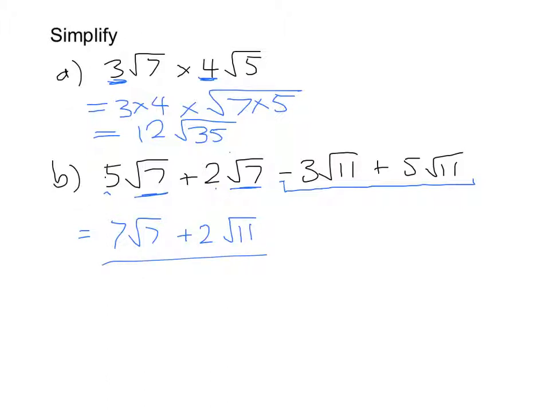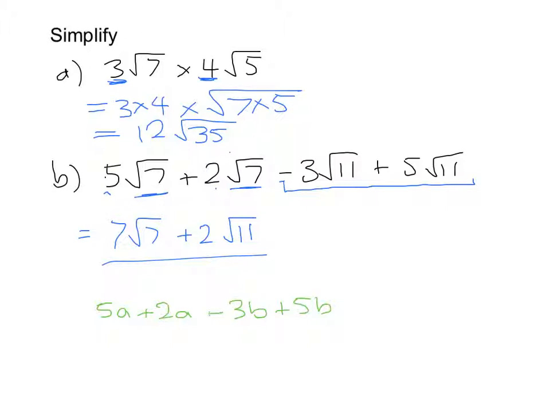If you see things like this, it might be easier to think of them in terms of an algebraic expression, funnily enough. Instead of the root 7's, I'll write a, so it could be 5a plus 2a. And instead of root 11, I'll write b. So take away 3b plus 5b. You would have seen these probably year 7, maybe even year 6.